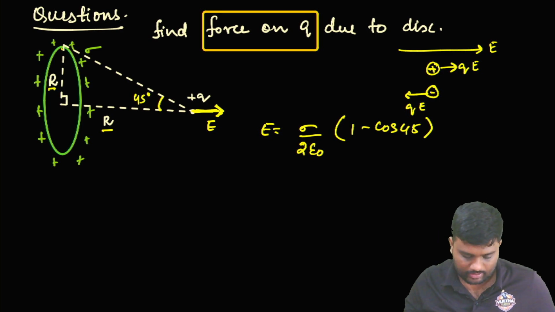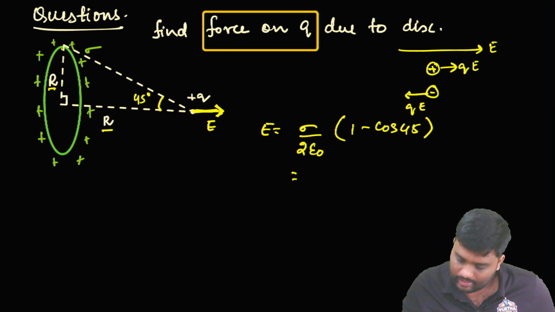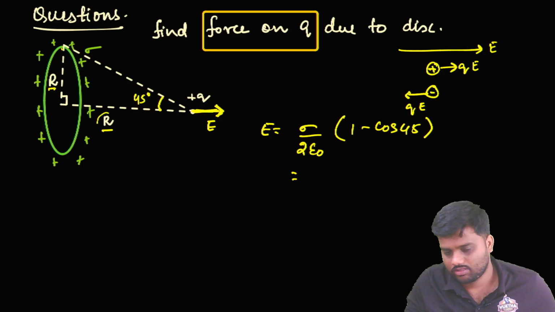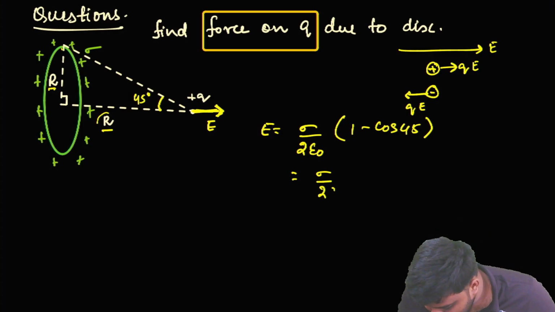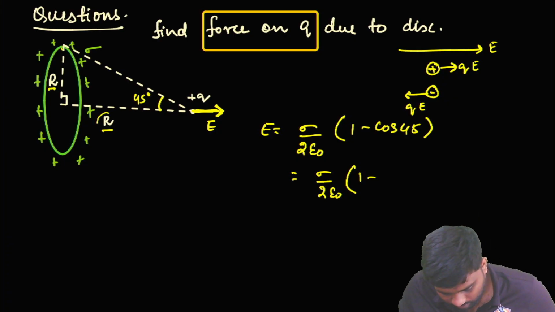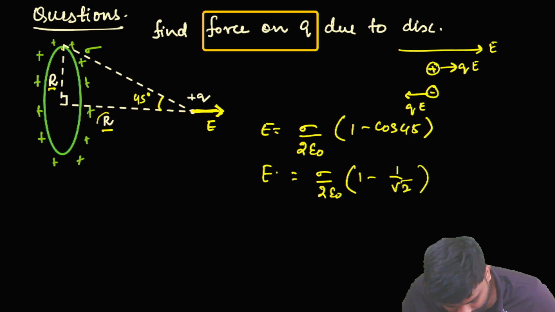Is there any harm writing like this? No harm, sir. Even if you put x equal to r, you will get the same thing. Sigma upon 2 epsilon naught 1 minus 1 by root 2. This is the electric field.